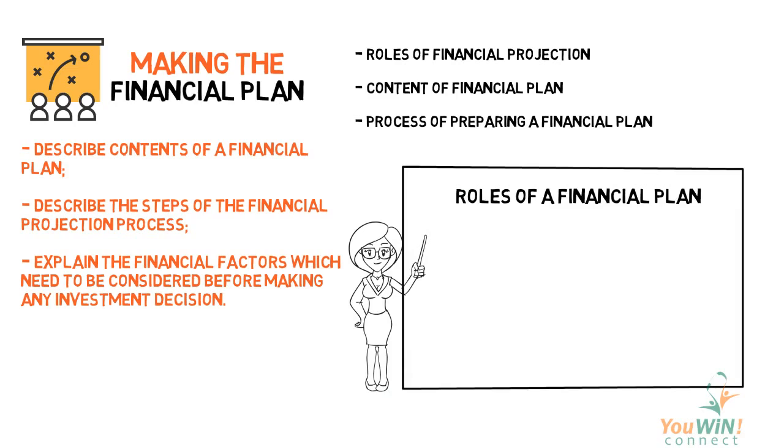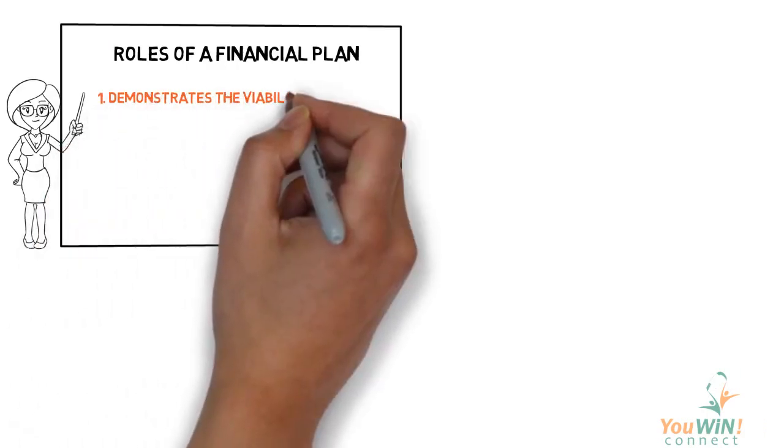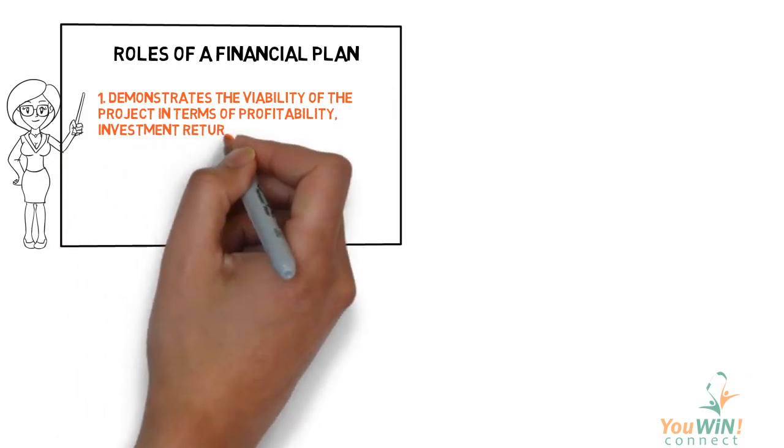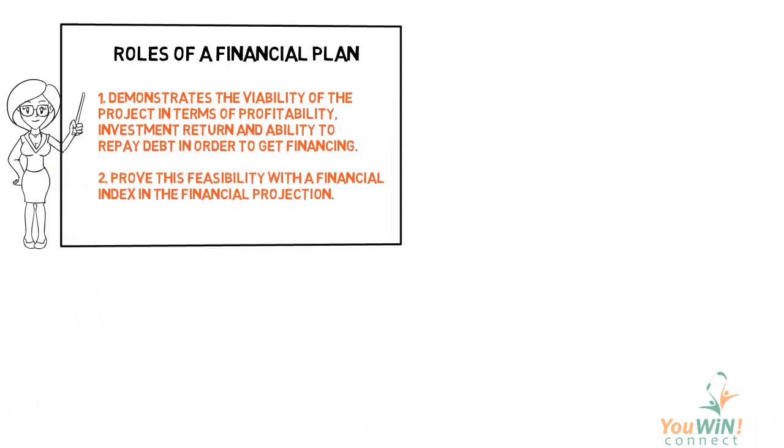A financial feasibility has two broad sides. First, it demonstrates the viability of the project in terms of how profitable it is, the kind of return that we get from the investment, and the ability to repay debt in order to get financing.